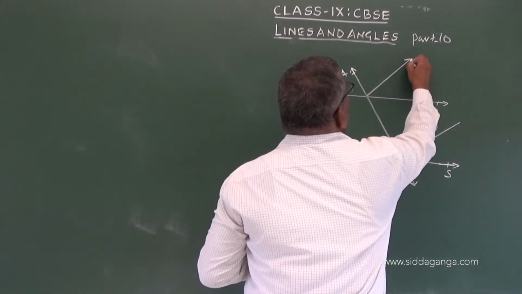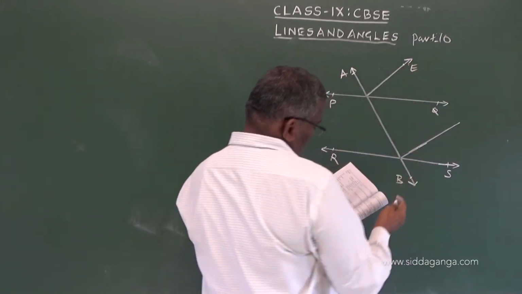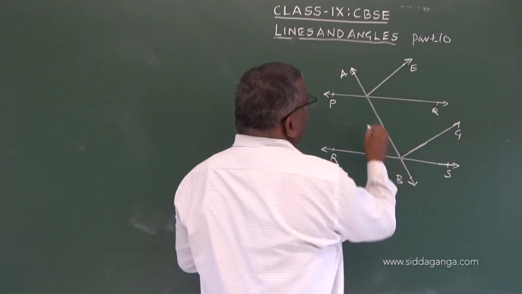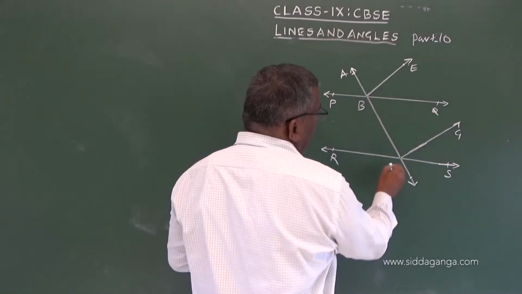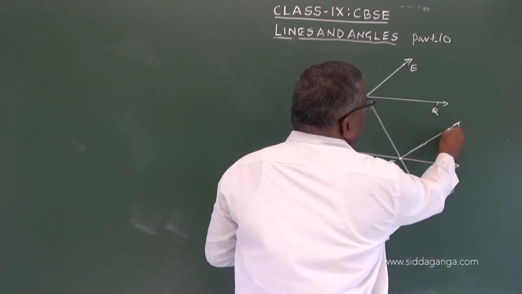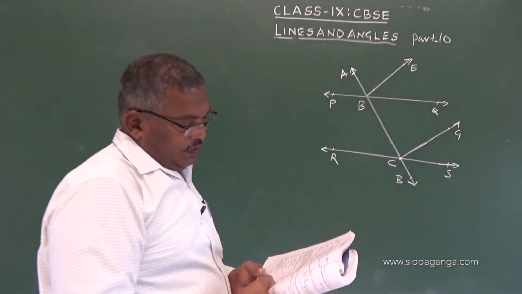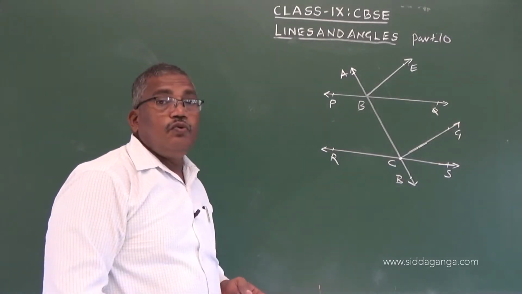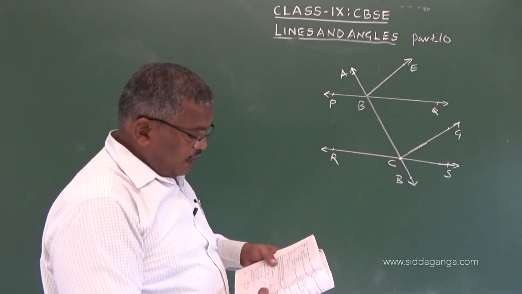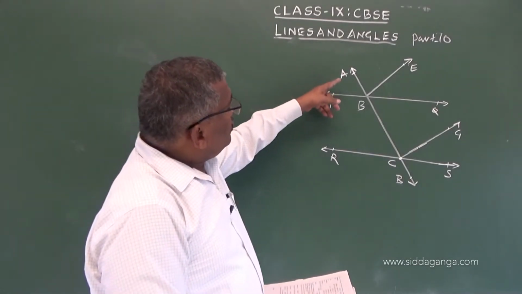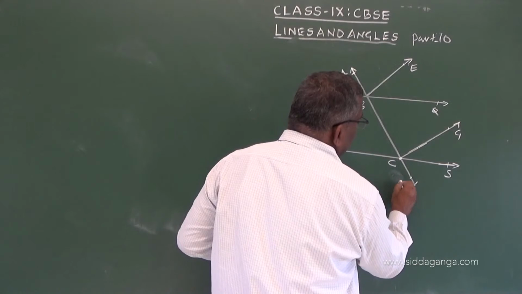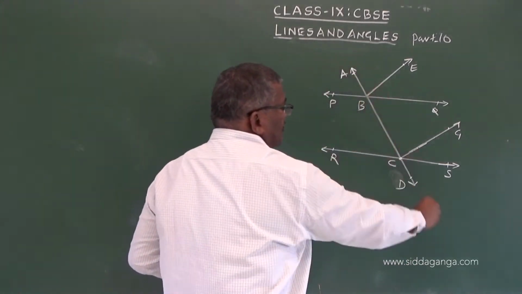And this is E, and this is G, and this is point B, point C. Now the question is, you look at the diagram. In the figure, a transversal AD. So this is D. AD is considered as a transversal.